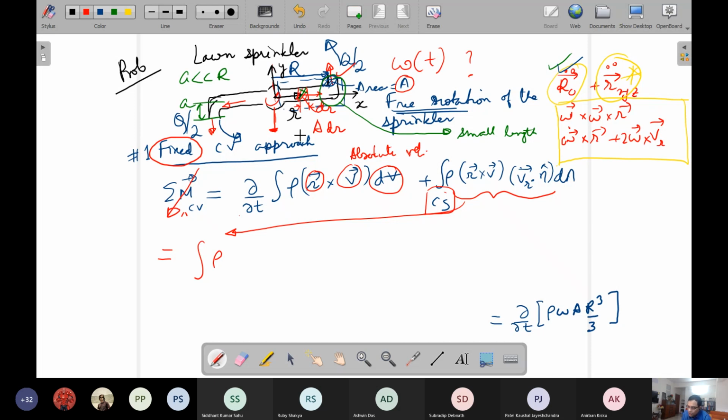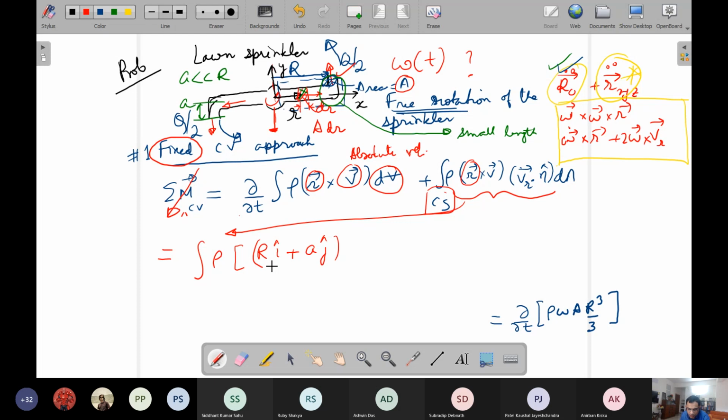Only the outflux. So for the outflux, the small r is capital R. So for your convenience, you can say it is not just capital R i, but the position vector at which the water comes out is located at capital R comma small a. So in terms of vector, capital R i plus small a j.